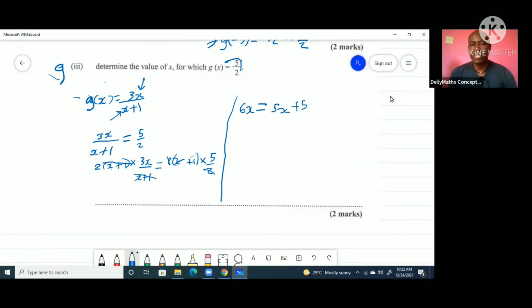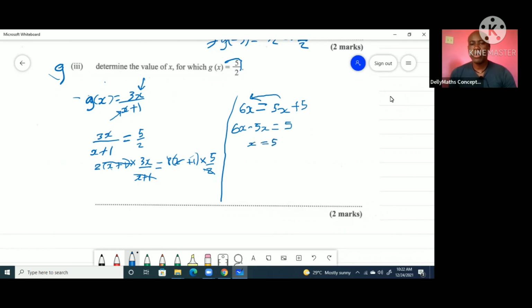And at this time, I could subtract 5x from both sides, which means that on the left side, I'll have 6x minus 5x, and this is equal to 5x minus 5x, that's 0, and we're left with a 5. At the end of the day, what we're looking at here is that x is equal to 5.